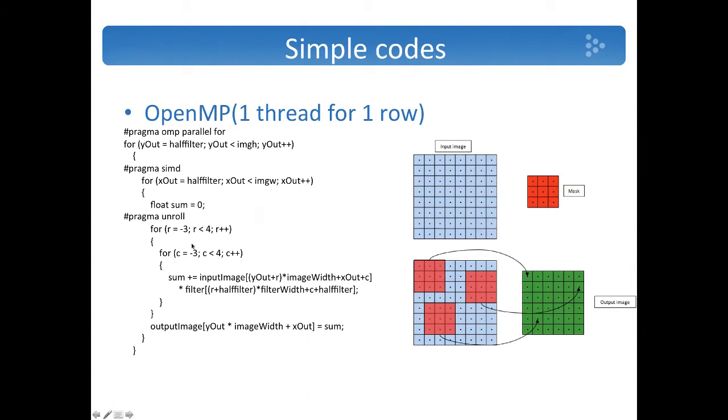In this loop, it's just a dot product operation, sum them all, and at last output the image. It's quite an easy program. And I will show you the result.